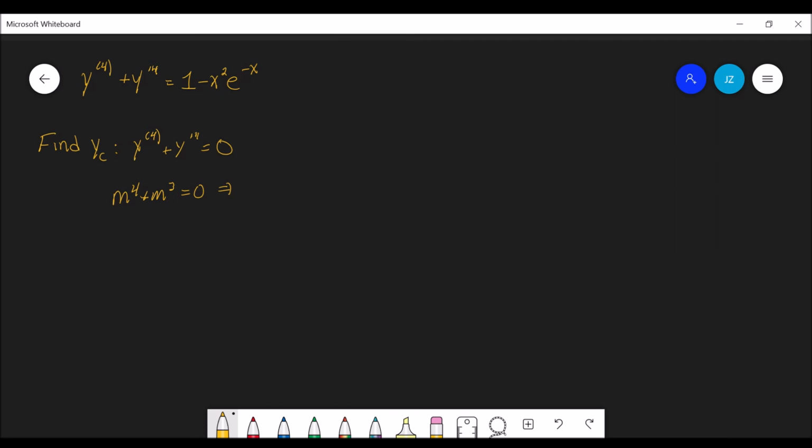If we solve this, we get m is negative 1, and then we get 0 three times. So the complementary function is c1 e to the minus x plus c2 plus c3 x plus c4 x squared.